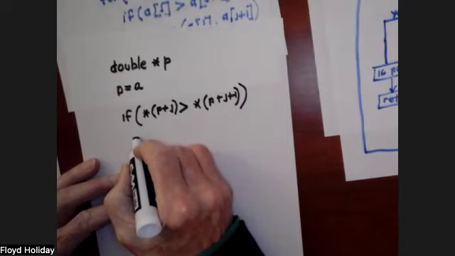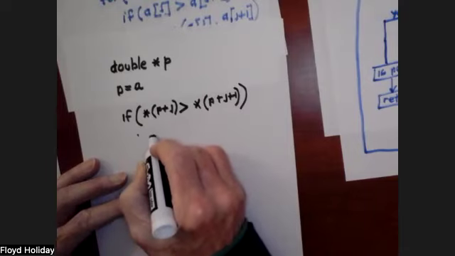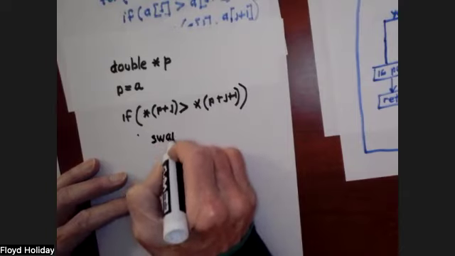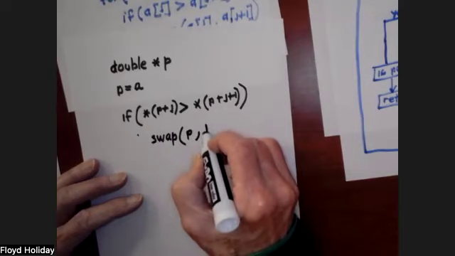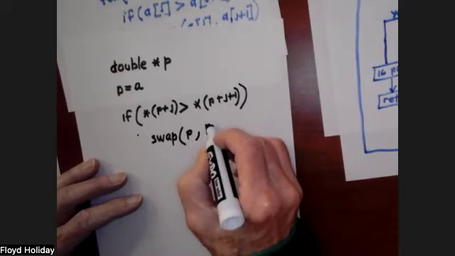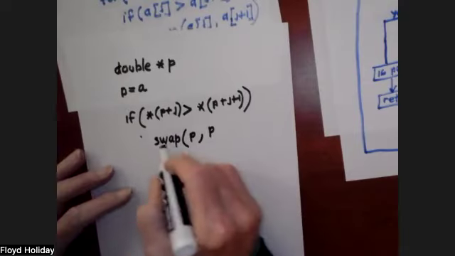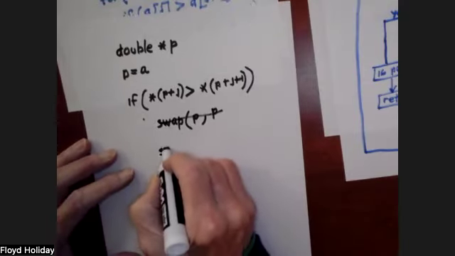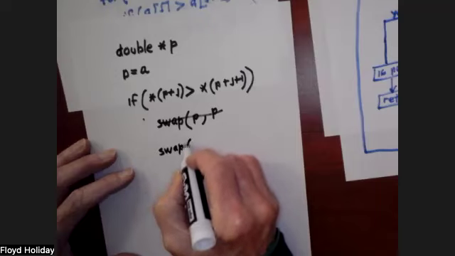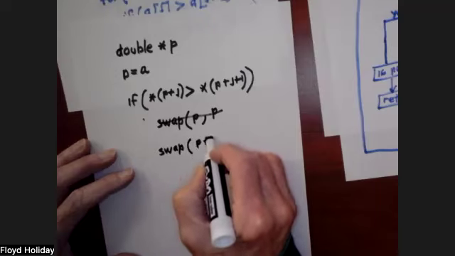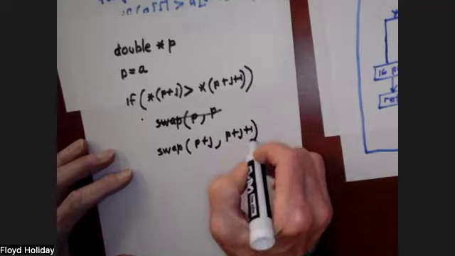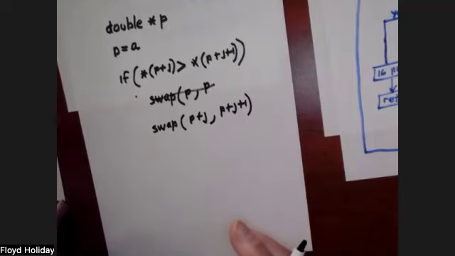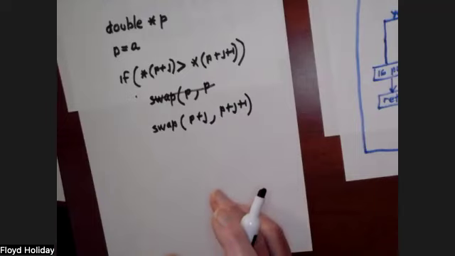Then P plus J and P plus J plus 1. Okay. How does that work?